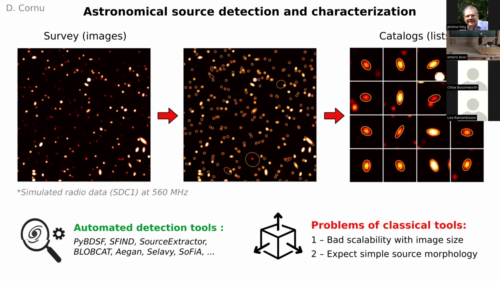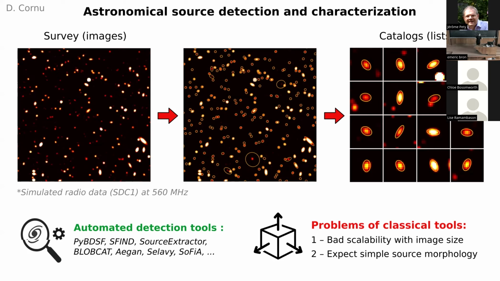So source detection is basically as old as astronomy itself. At the beginning, we were pointing to objects by eye. And as soon as we could, we tried to automatize this task. But all the modern automatic tools, I will say classical tools, suffer from similar issues, which is poor scalability with the image size and the dimensionality, especially if you want to process typically a PPV cube, for example.